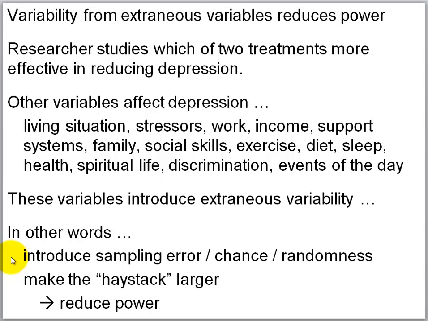So we're hunting for the treatment effect, that is to say the needle, whatever real difference there is, in a situation where the haystack has grown very large due to extraneous factors. So when extraneous variables greatly add to the variability of the dependent variable, they introduce additional randomness, they make the haystack larger, and they reduce power.